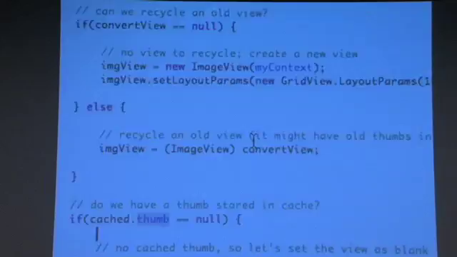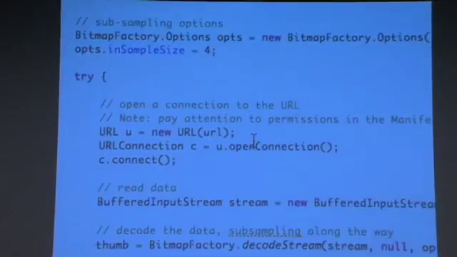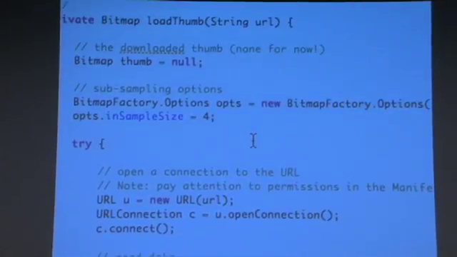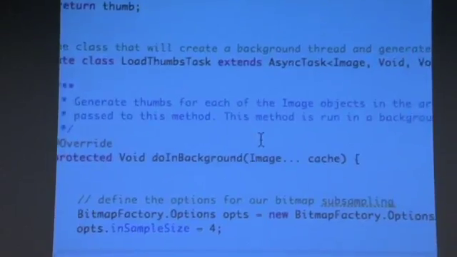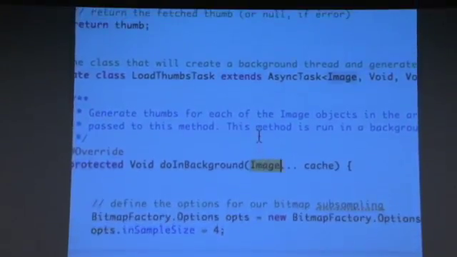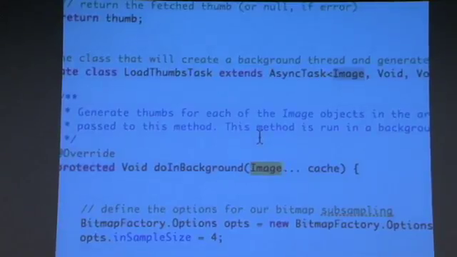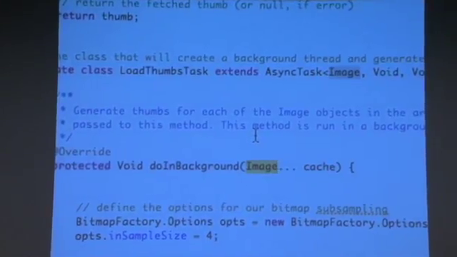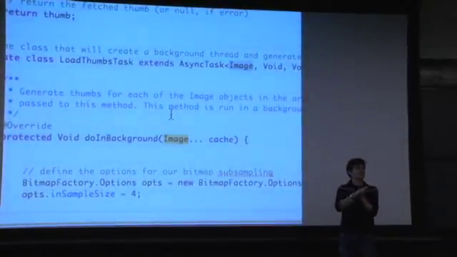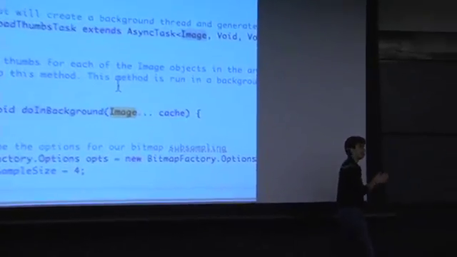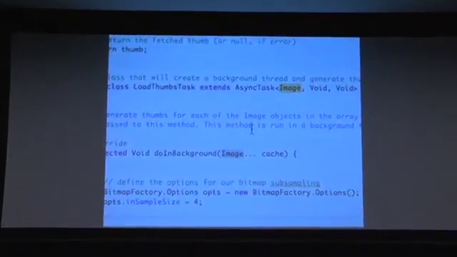So what is happening is that in the background, we have passed into this class an array of type Image. Notice that when I ran that execute, I passed in that images variable, which was again that array of type Image. I had to specify up here via generics what type of data doInBackground was going to accept.